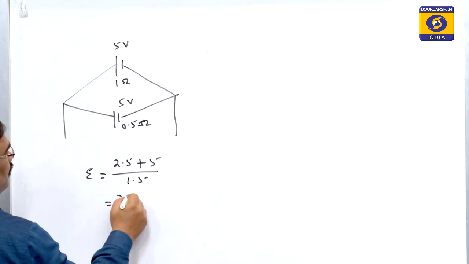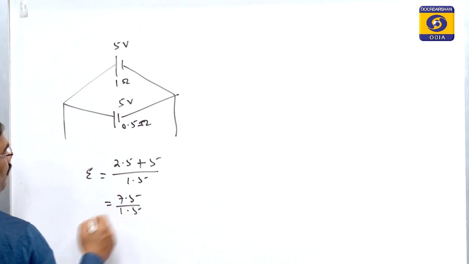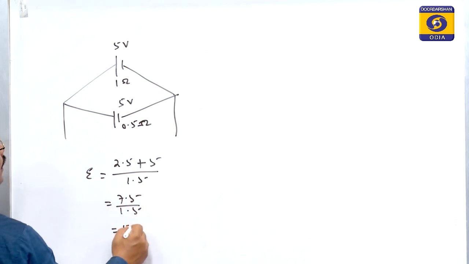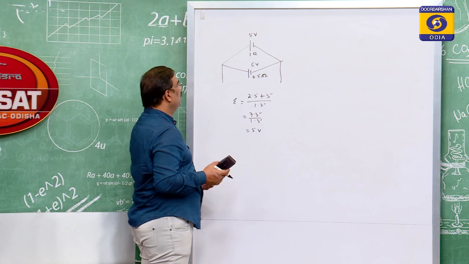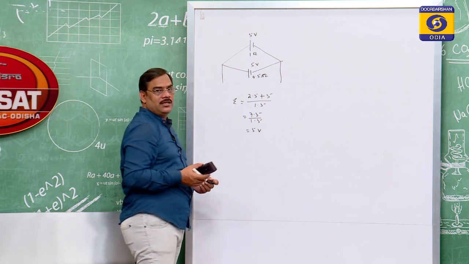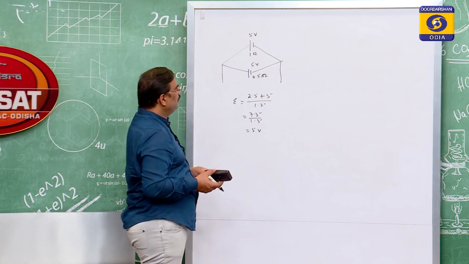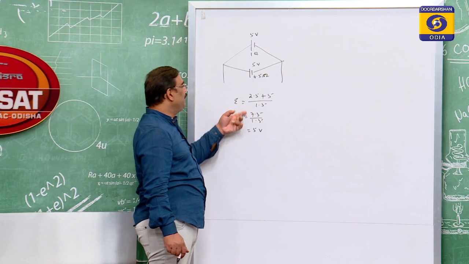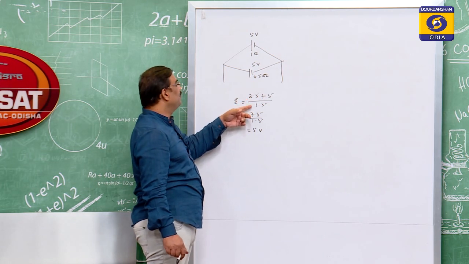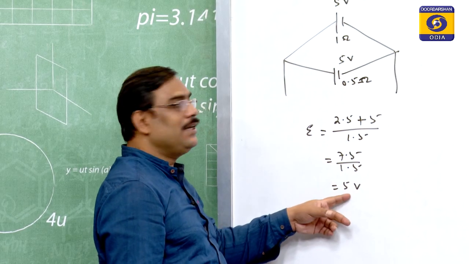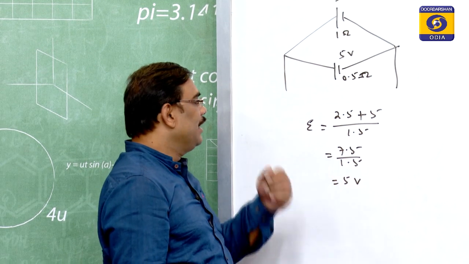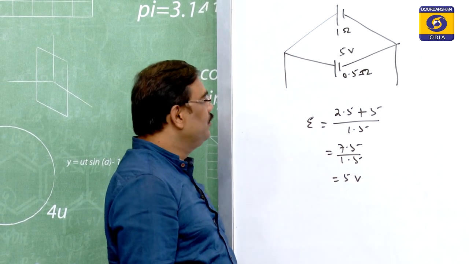So, it is 7.5 by 1.5, so it is 5 volt. So, in this way we can calculate the terminal potential. So, we see here that if two EMFs are each of 5 volt with different internal resistances, we can calculate by using the same formula, summation E by R divided by summation 1 by R, and we are also getting the same 5 volt.